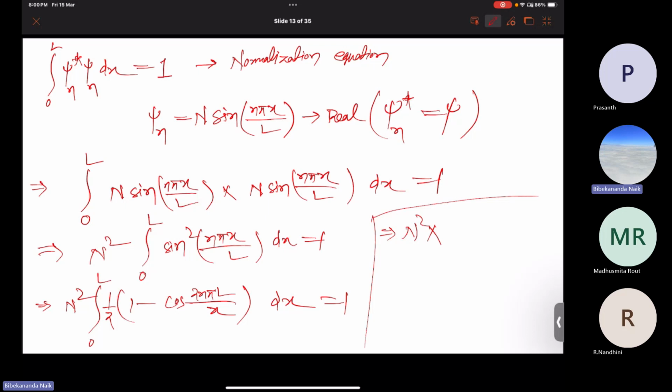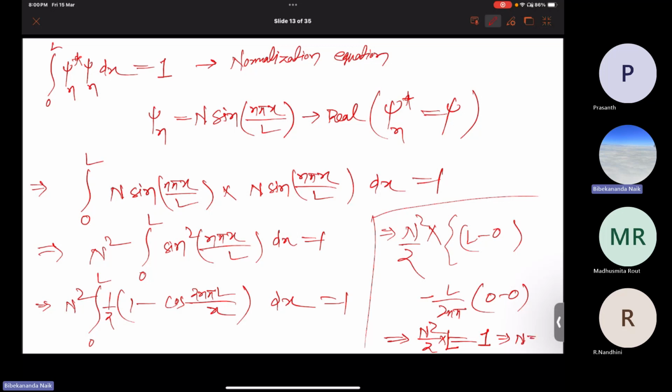N square by 2 can be taken out. It will be L minus 0, minus the sine term, which is L by 2n pi times (0 minus 0). So it will be N square by 2 into L equals 1. So N will be the square root of 2 by L.